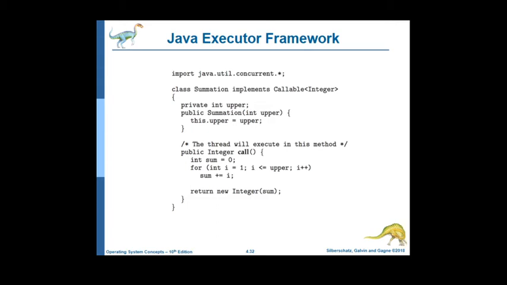We can pass parameters to a class that implements Runnable, but Java threads cannot return results with the Runnable interface.